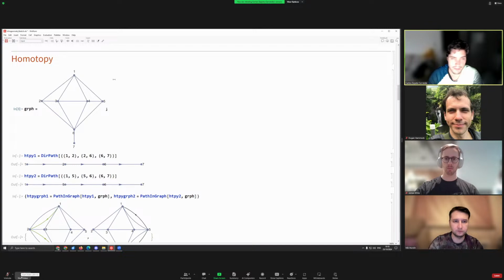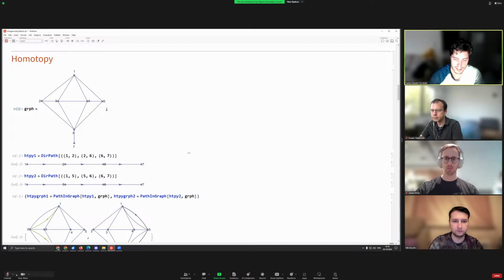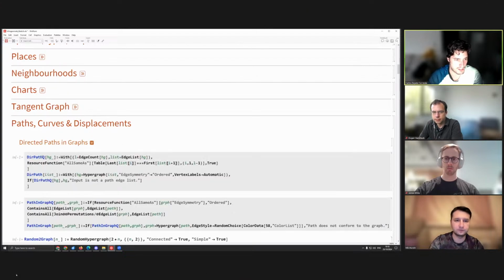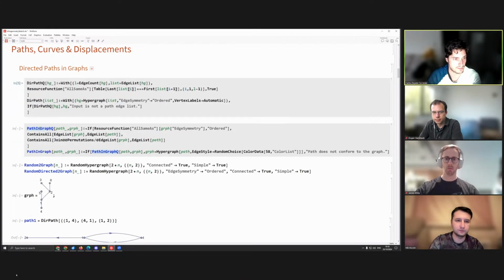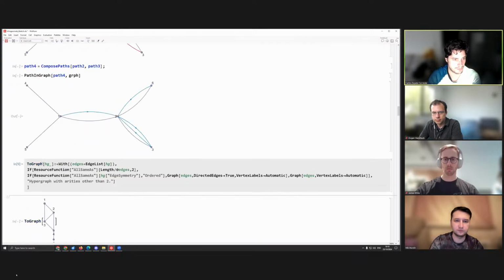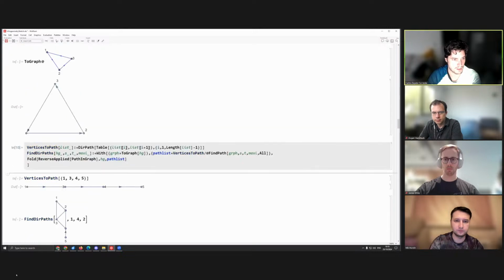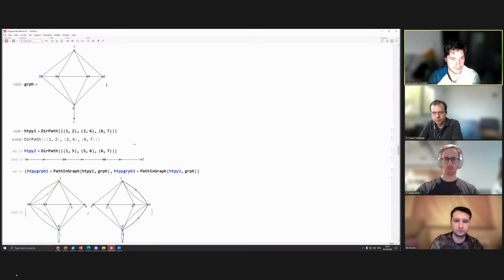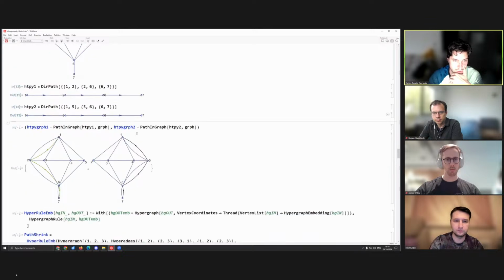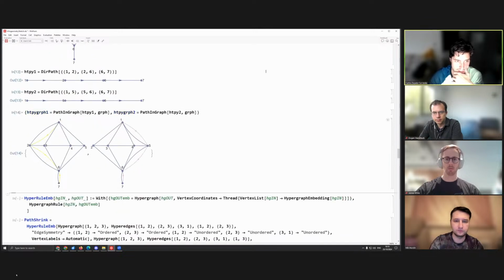and we want to consider, oops, I need this code. Yeah, so if we want to represent two ways of navigating this graph from 1 to 7, you can see that there are many different ways.